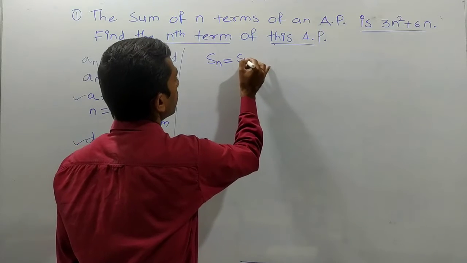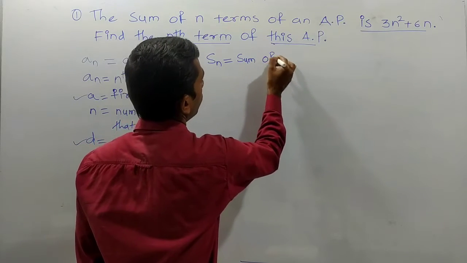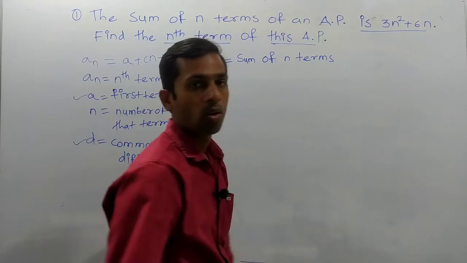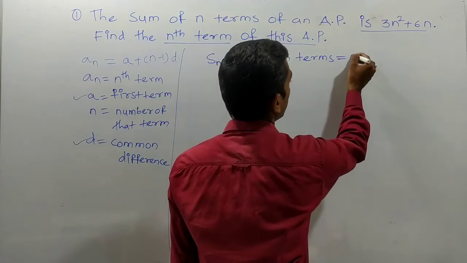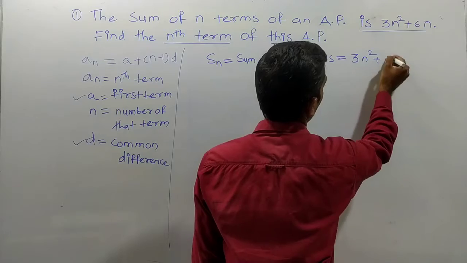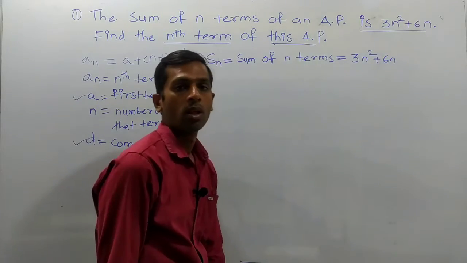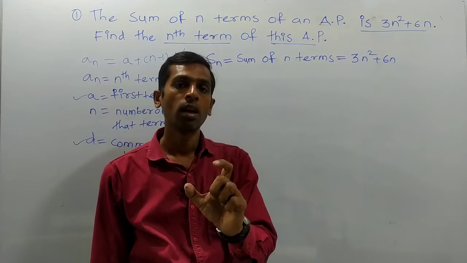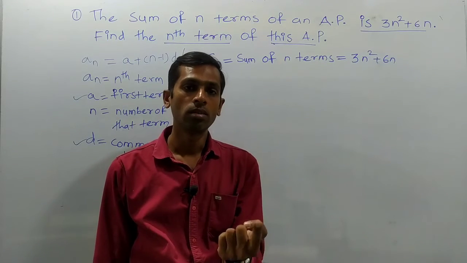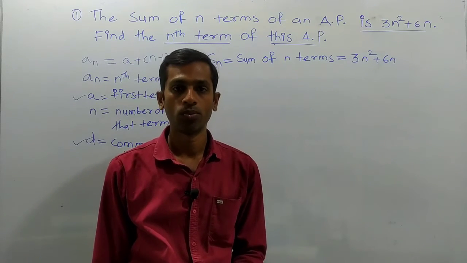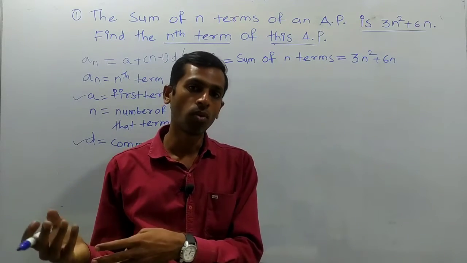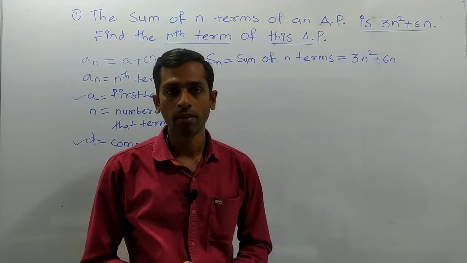Sn means the sum of n terms, and it is 3n square plus 6n. Now understand that n is a variable here. I can put n as 1, I can put n equal to 2, n equal to 3 or 4, any number I can take.